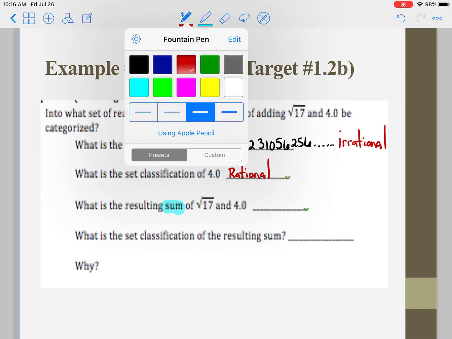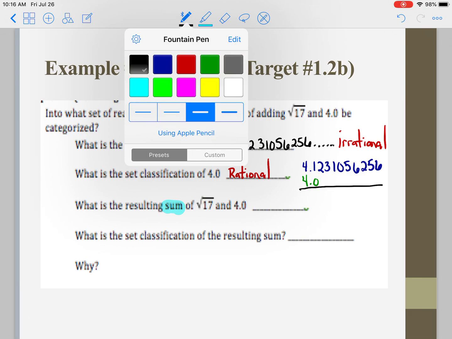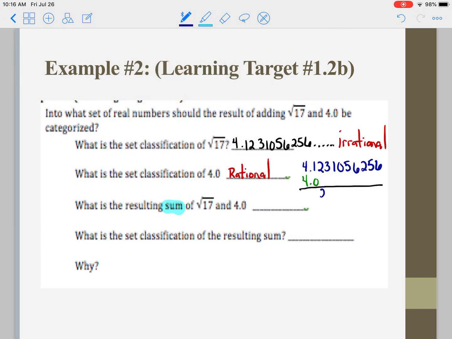If I were to rewrite these so that they are positioned above and below each other, 4.12310562556 and 4.0, we can immediately tell that these ending decimals, 2, 3, 1, 0, 5, 6, 2, 5, 6, and I'm going to add the dots just to show that it would continue on forever, however long I wanted to write numbers, are immediately going to drop down and be a part of the resulting sum.